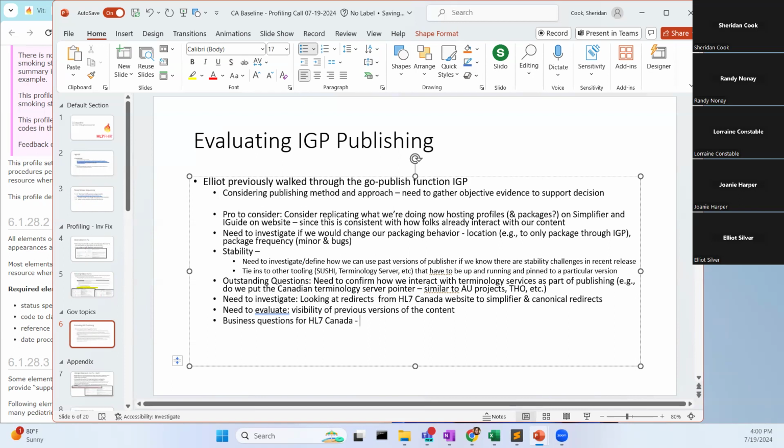Do we want to be inside that sphere of Canadian projects, or should we be standalone as this is HL7 Canada content? So I think there are some business political questions there.